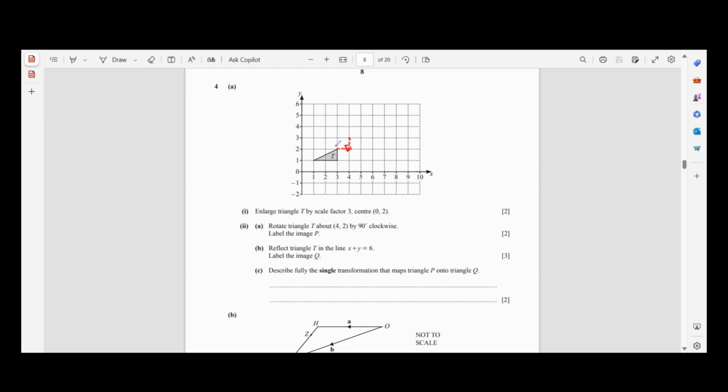So from this to this, this is the point 4, 3. And then from this, it will become this. Let me clean it first. From this, turn 90 degrees. So it becomes this.